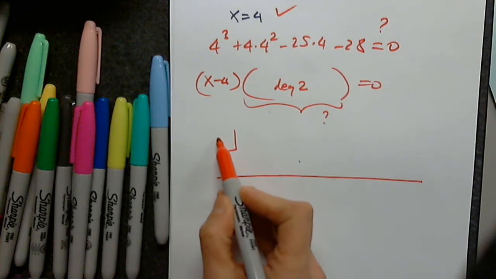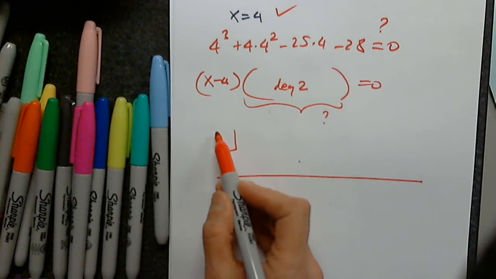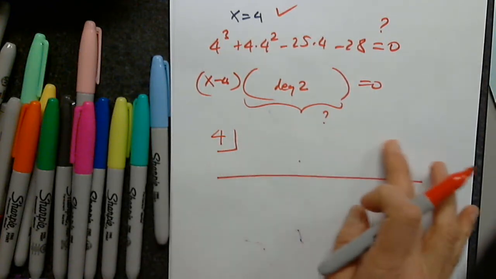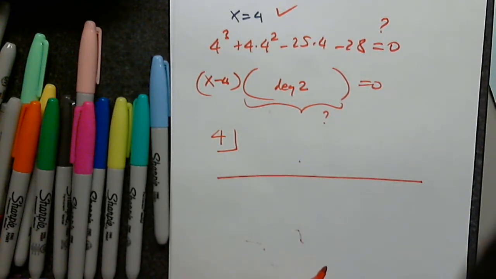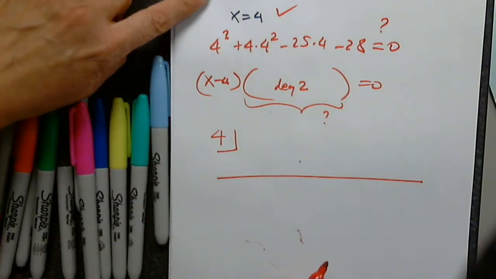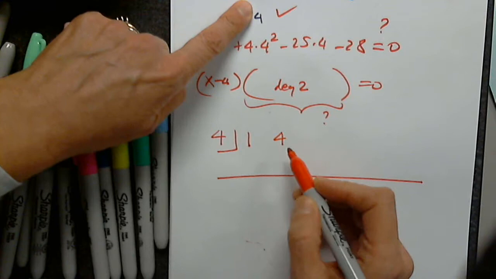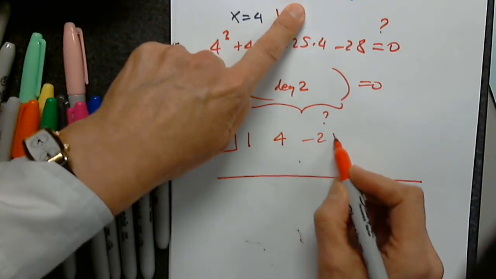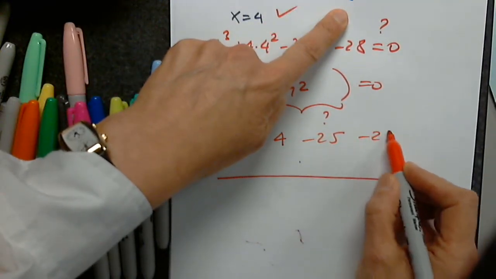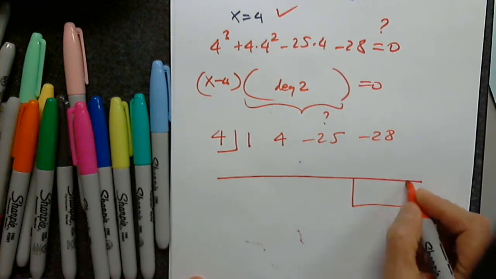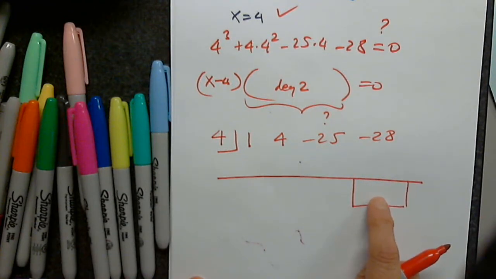So what do I have in here? Careful. 4. Right under the free term, what should I have in here?